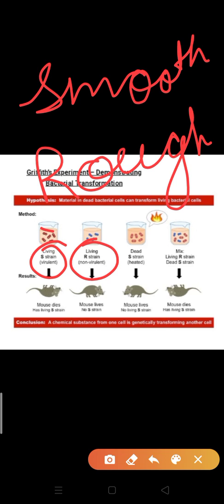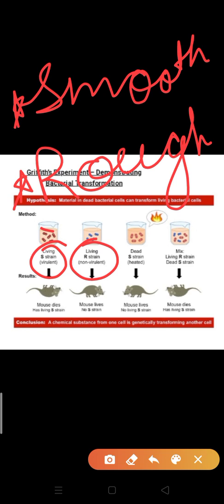I hope this much is clear, that two types of Streptococcus pneumoniae were used by Griffith: smooth and rough. The smooth and rough types have different strain types. Strain type means they can be stained with different types of dyes.